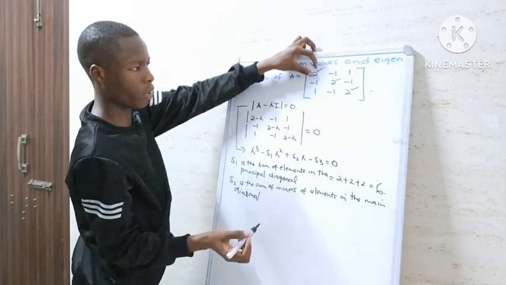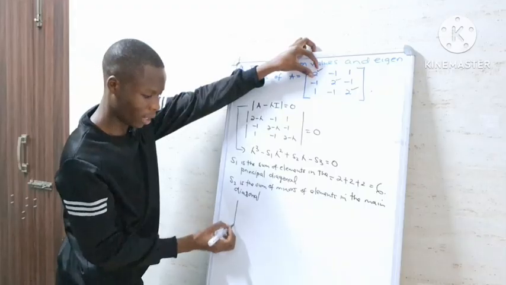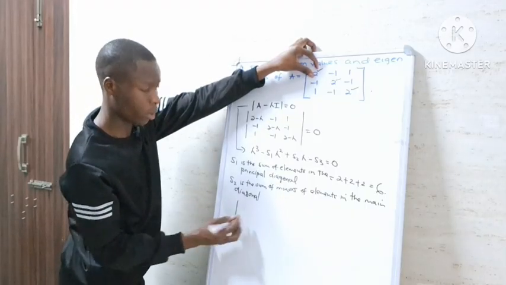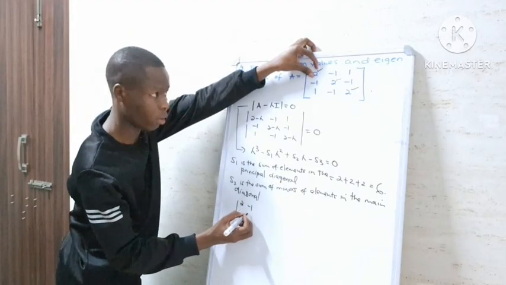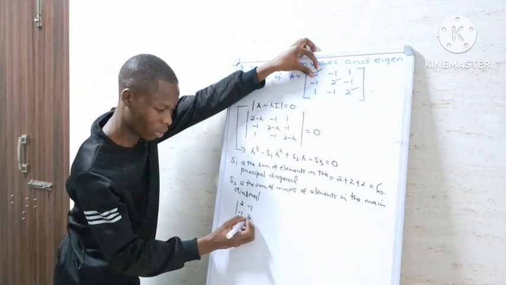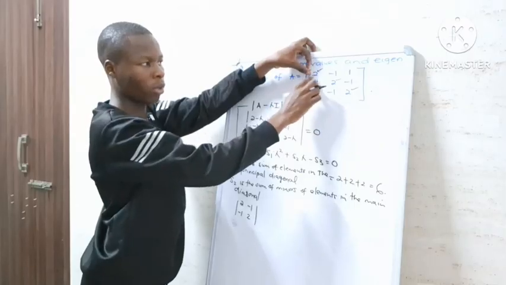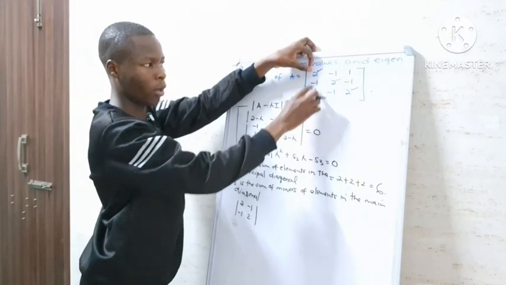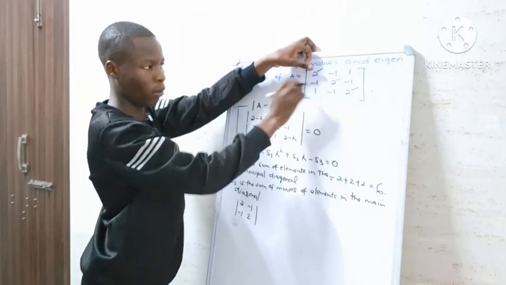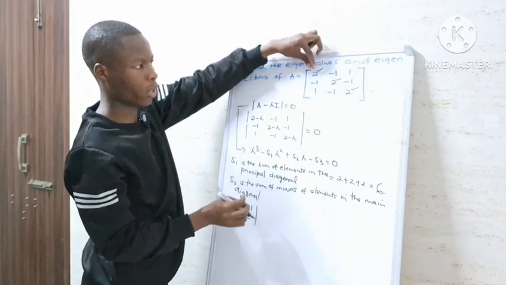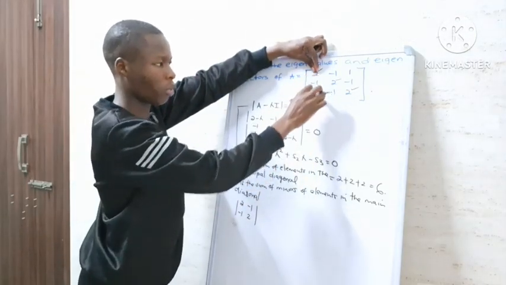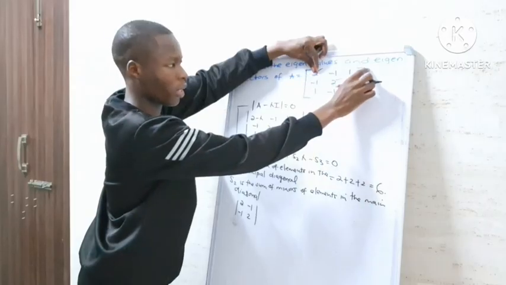So the minor of this 2 is nothing but 2, negative 1, negative 1, 2. You take elements which do not belong to the row and column where this 2 is found. If you check, 2 is here, you are not going to take these elements.